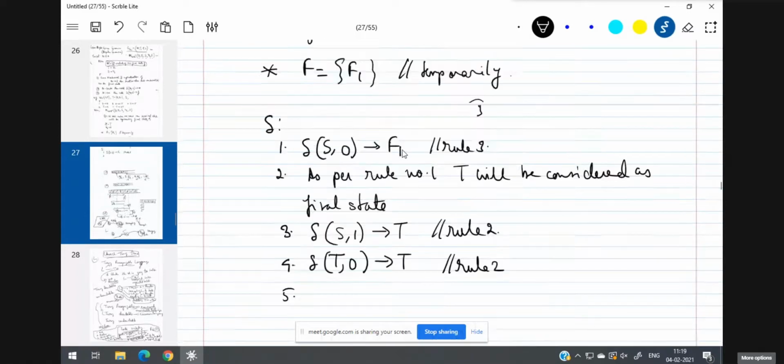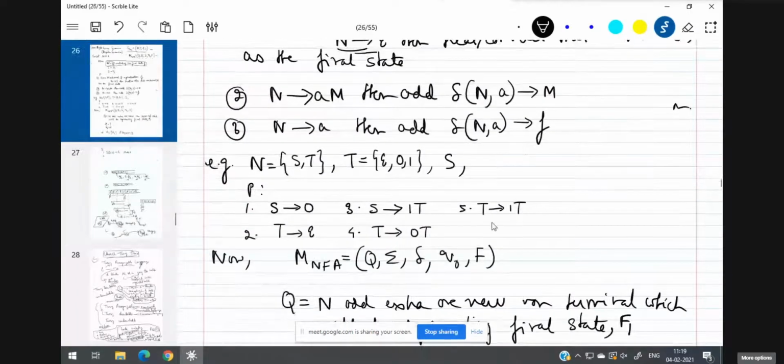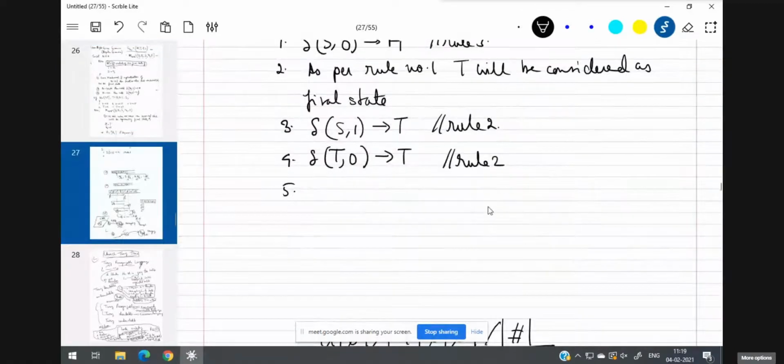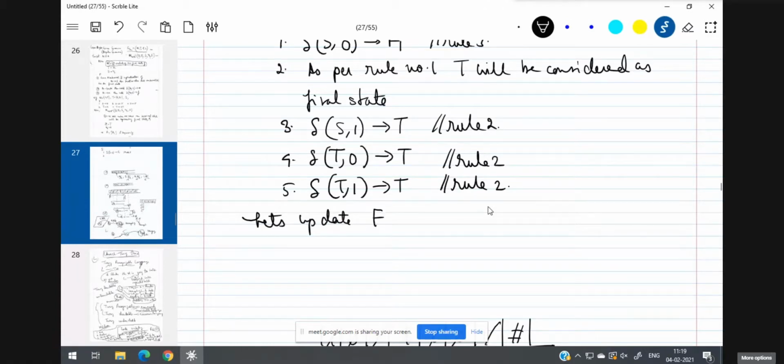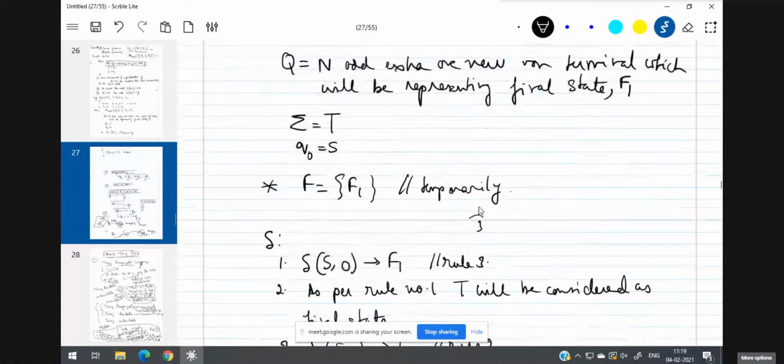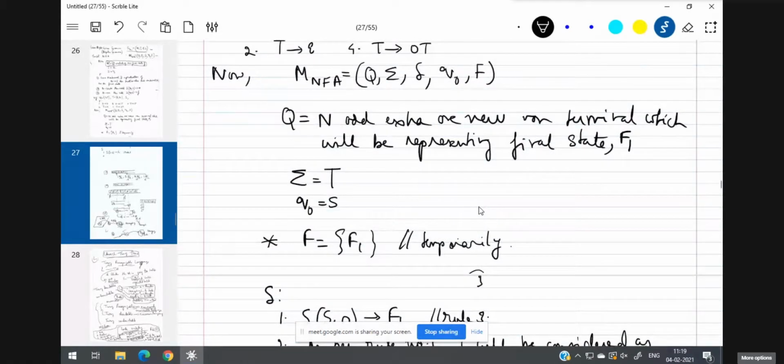Number 5, T is replaceable by 1 T, so delta of T comma 1 is T, as per rule number 2. Now let's update F. Let me call this equation number 1.